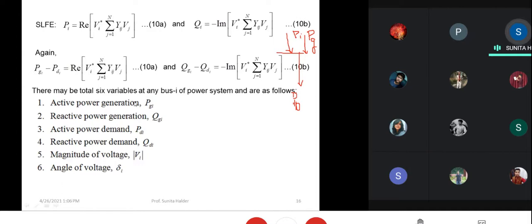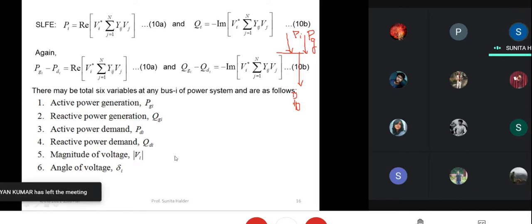So actually there are 6 variables if we consider that everything is variable and controllable. Then obviously for a particular power generation, PGI and QGI will remain constant, and for a particular demand, PDI and QDI will be constant, right? But in a general sense, there are 6 variables.